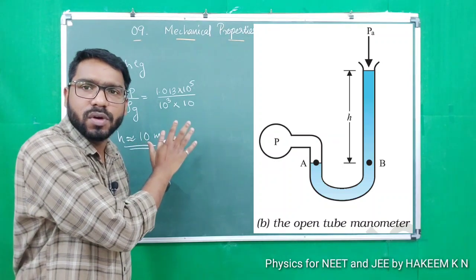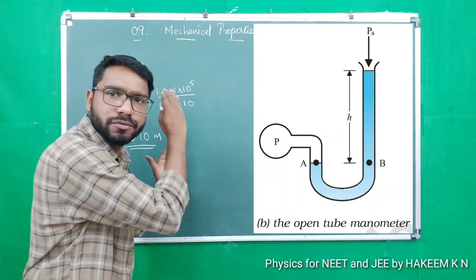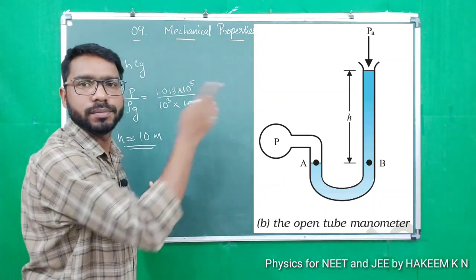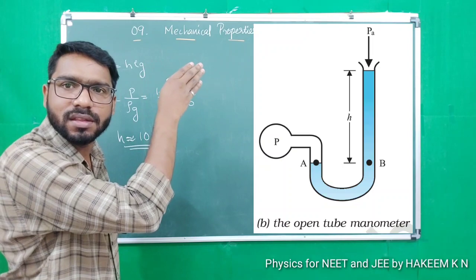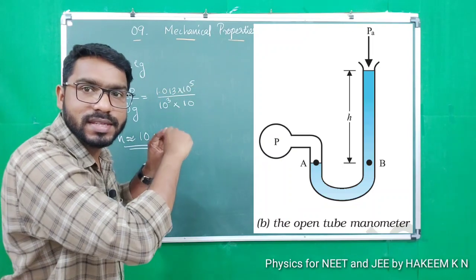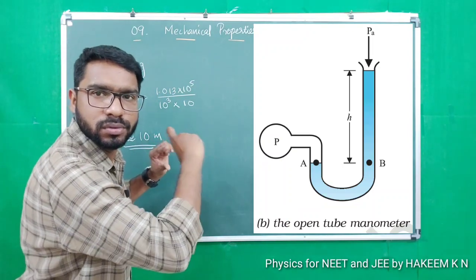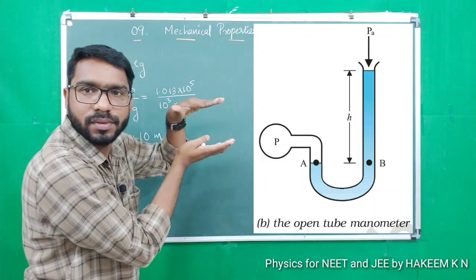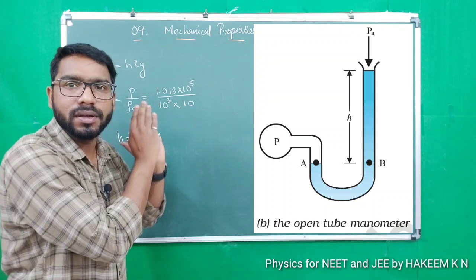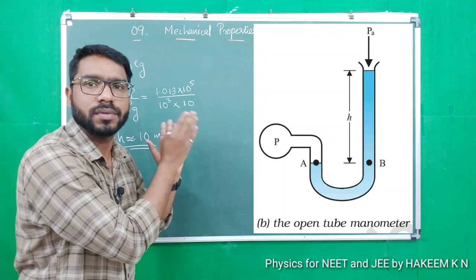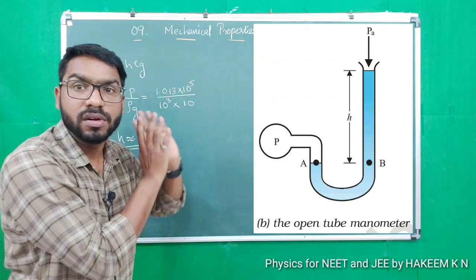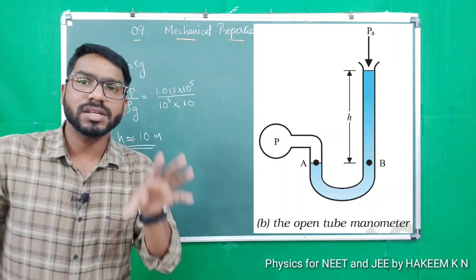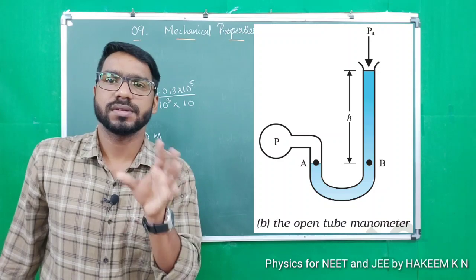If P is connected, what happens? Due to the effect of P, the liquid level increases in the right tube. So we can say P is equal to the pressure due to the liquid, due to that height difference. The open tube manometer, which is open at one end, measures the pressure of systems.